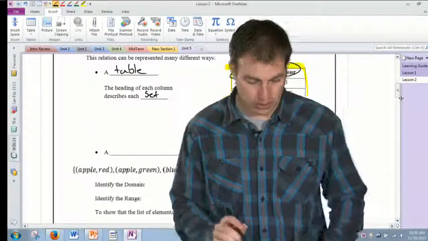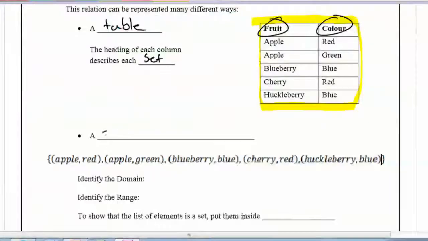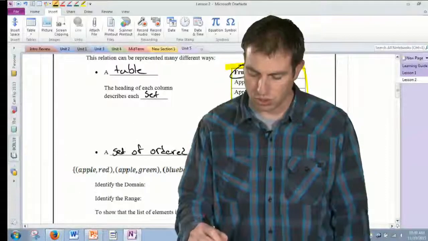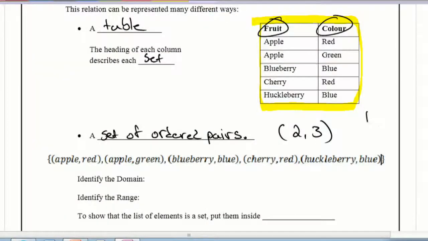So that's one way to do it. The second way to do it is a set of ordered pairs. Did you guys do ordered pairs in grade 9 when you're plotting points? You think of battleships where you had 2, 3, and then you had to find 2, 3 on a graph.